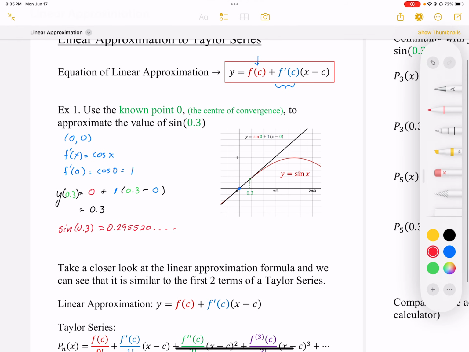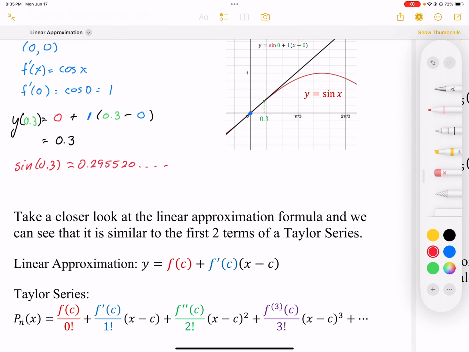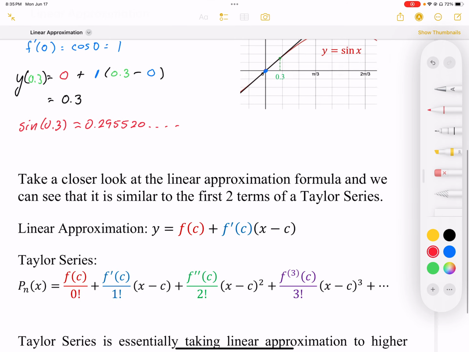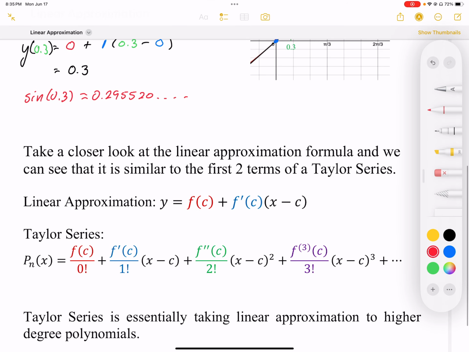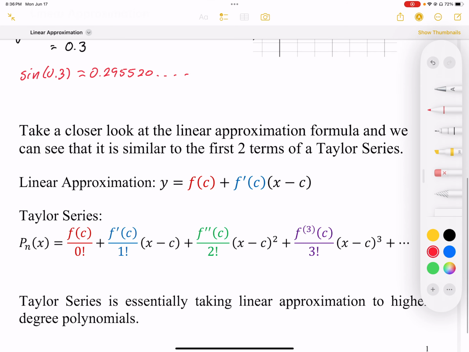Well, it's because if we take a closer look at the linear approximation formula, it looks very much like the first two terms of the Taylor series. If I look at the Taylor series, P_n of x, our first term is going to be the function evaluated at the center, f of c, which is the same as the y-coordinate of our point of tangency.